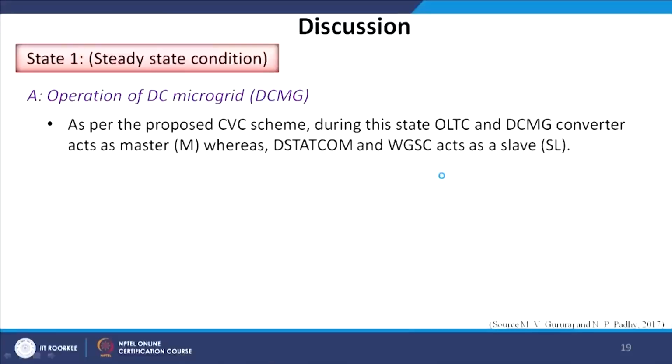During the state number 1, that is steady state conditions, how the DC microgrid operated or behaved. As per the proposed CBC, during this state, the OLTC and the DC microgrid converter act as a master, whereas the D-STATCOM and wind generator act as a slave.